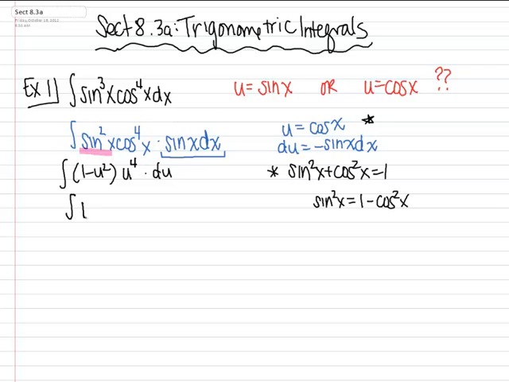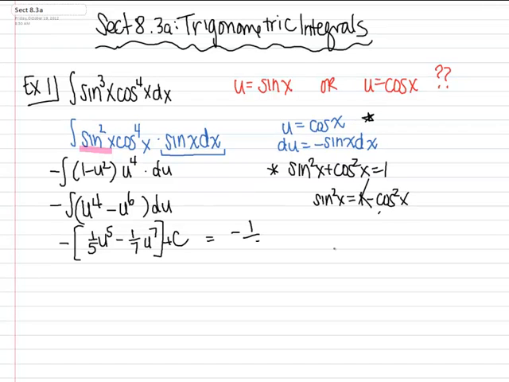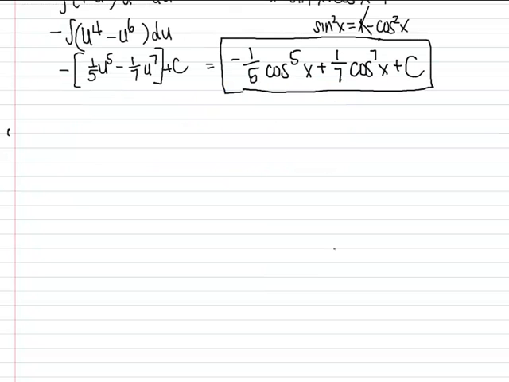This is u to the fourth minus u to the sixth du, which is 1/5 u to the fifth minus 1/7 u to the seventh plus c. We have negative 1/5 cosine to the fifth x minus a negative, so that's plus 1/7 cosine to the seventh x plus c.